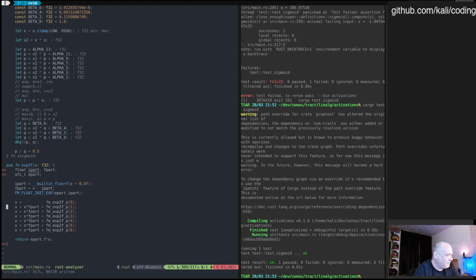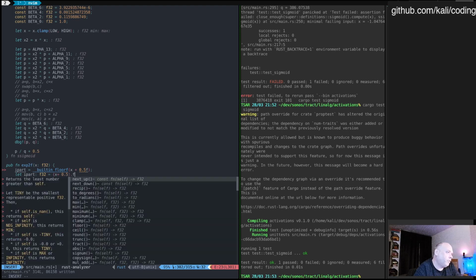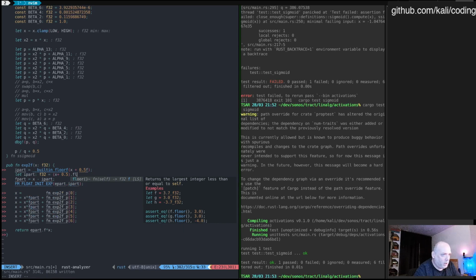It's a C function. So built-in floor f. This will be, so I won't need that. So I will need let I part equals f32 will be x plus half floor. Let's see. It has to always go to the left, and so yes, it's okay.